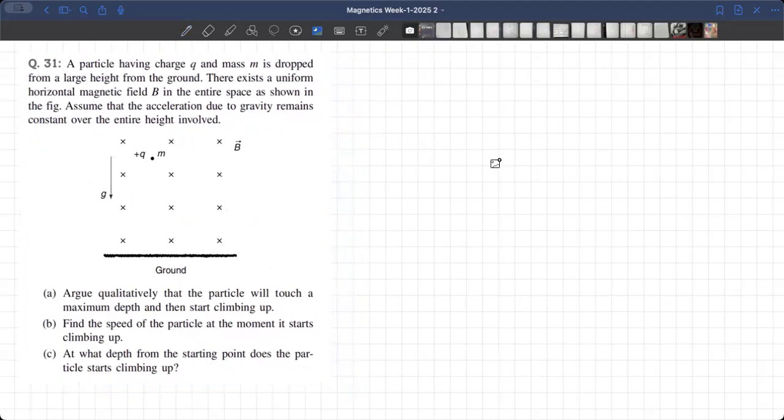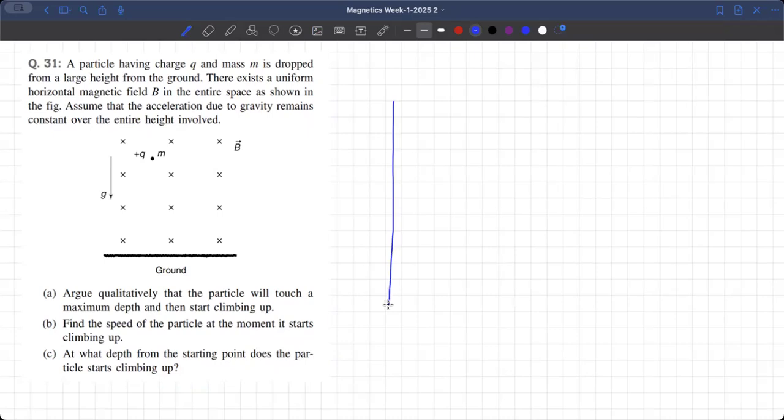A particle having charge q and mass m is dropped from a large height. Now, please try to understand this very clearly. This is the E bar direction.